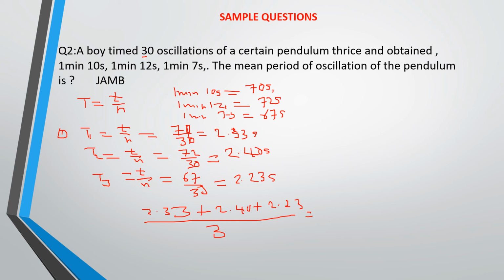When you work this out with your calculator, you are going to have 2.32 seconds as your mean period. So this is what you will have as your answer: 2.32 seconds.